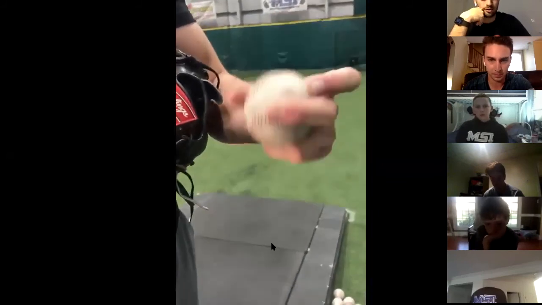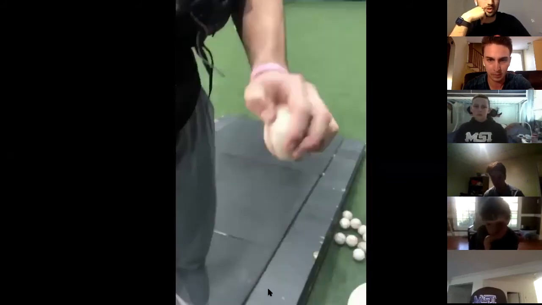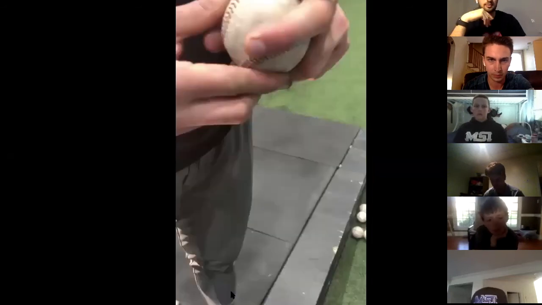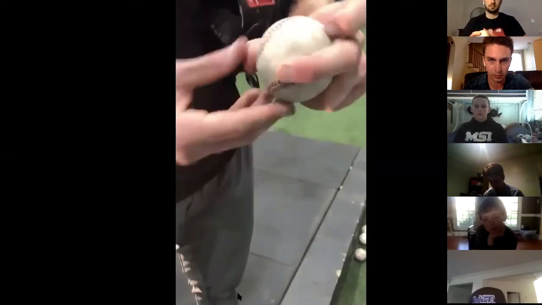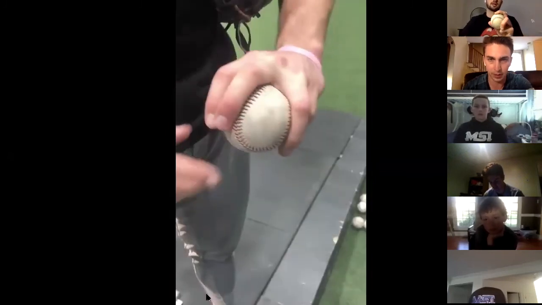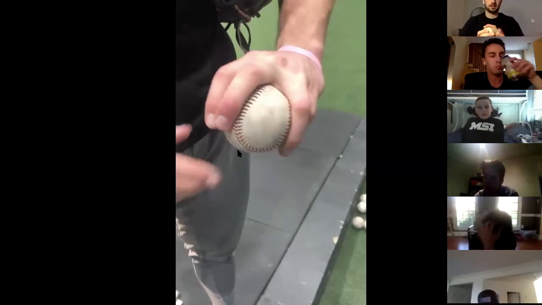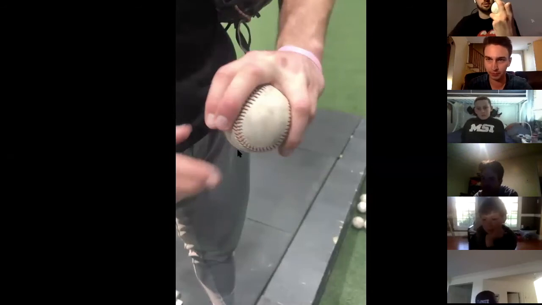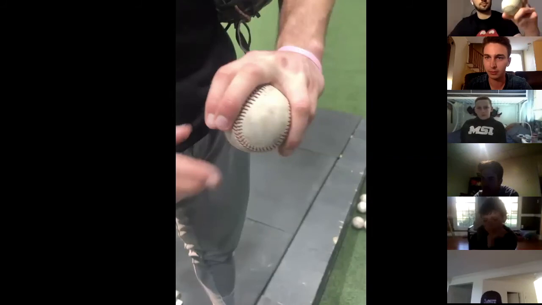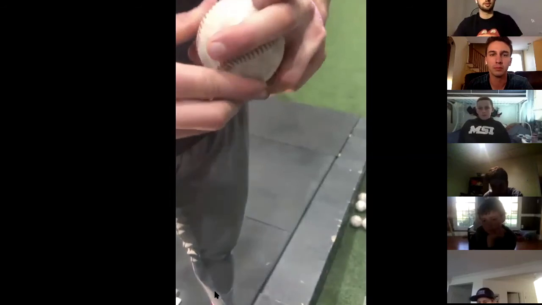So that's going to be a tougher grip for you guys with smaller hands, because if you can see, he splits his fingers almost like a Vulcan change and then spikes from there. He's got his index finger either spiked or knuckled, and then he almost splits the middle and ring finger on those seams.